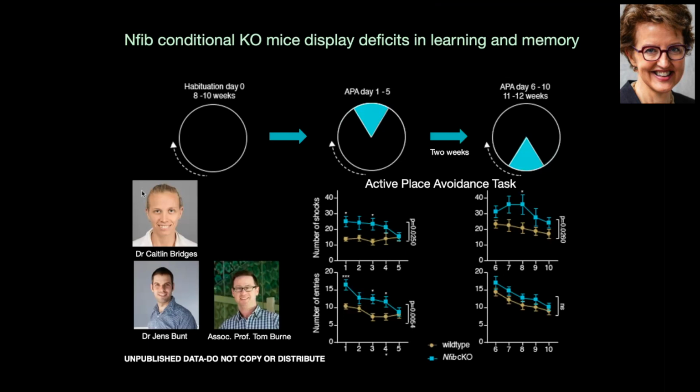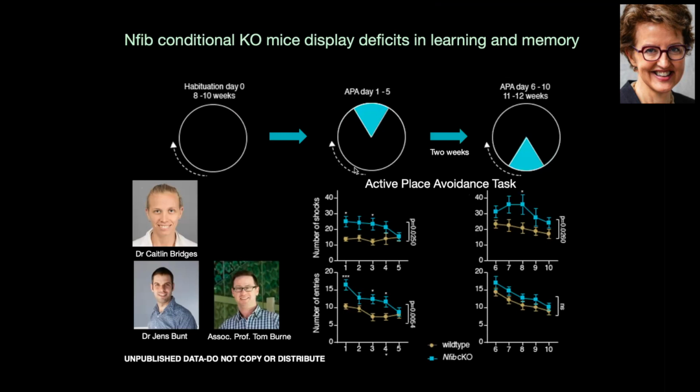particularly this task. I'm only showing one task here that we got the mice to do. This is called the active place avoidance task, and we collaborated on this with Tom Byrne at the Queensland Brain Institute. And what we found there was that the mutant mice showed deficits in, and really it's a learning and memory task where they need to remember where the shock zone is in this circular platform that's rotating.